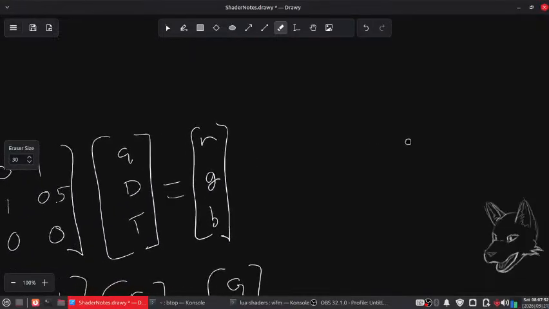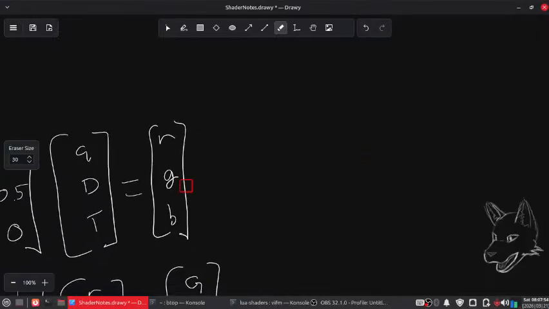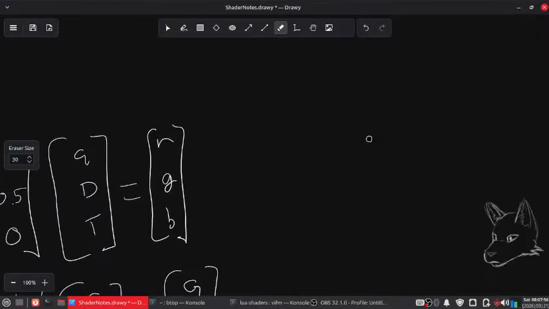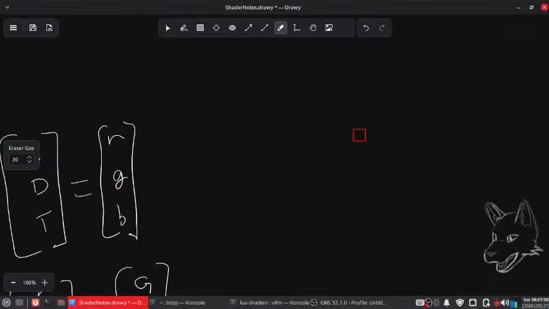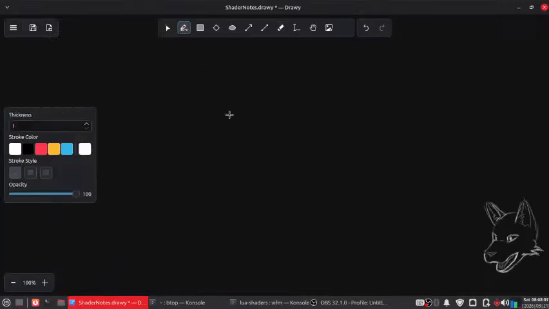D to G, T to B. Alright, so the D to G color space translation is a 4x4.